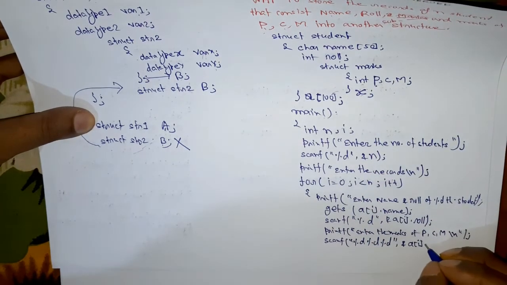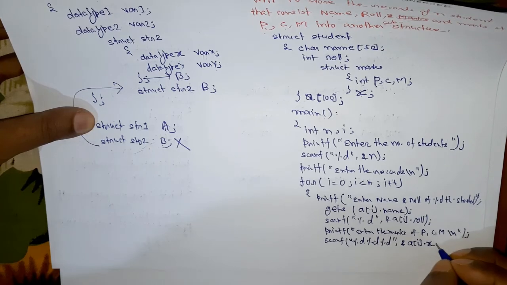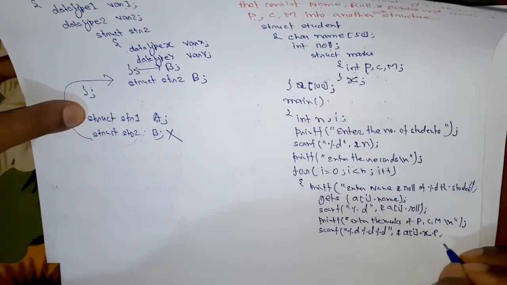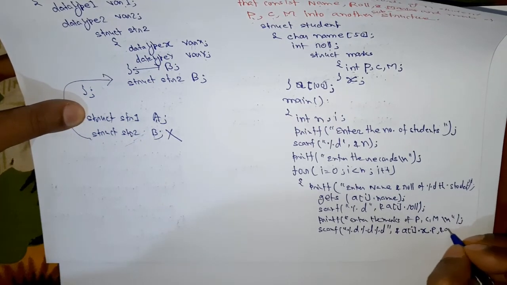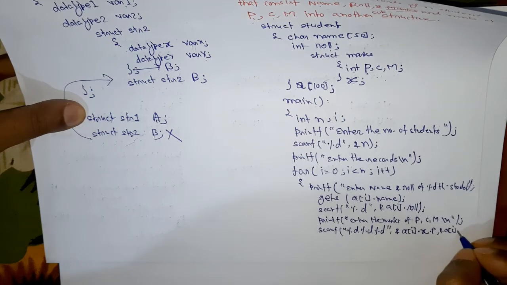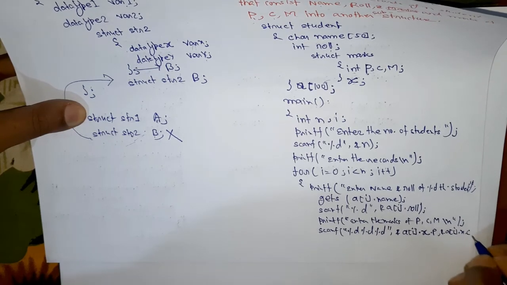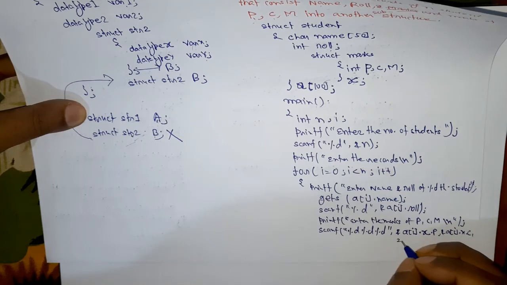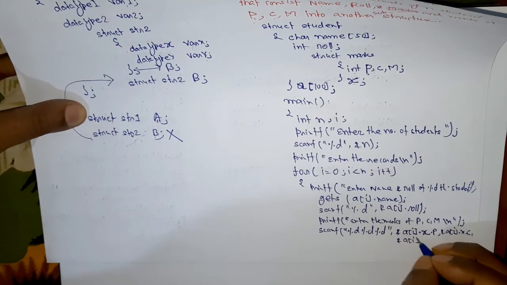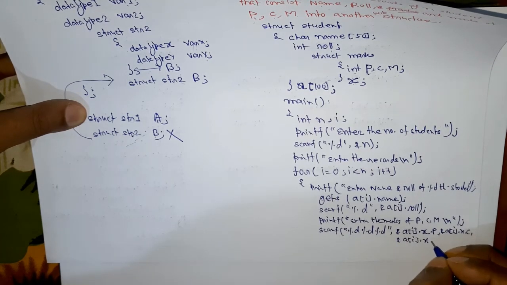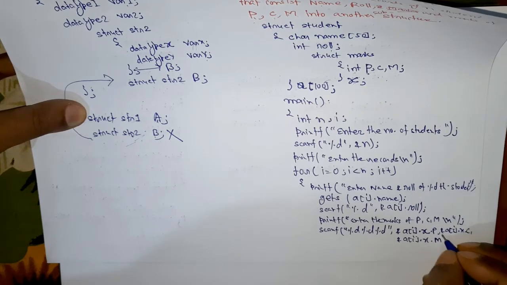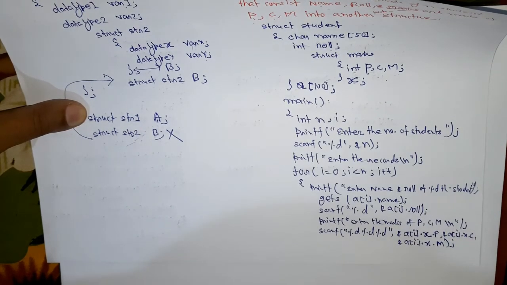So it should be a[i].x.physics. Similarly, &a[i].x.chemistry. Similarly, &a[i].x.mathematics.